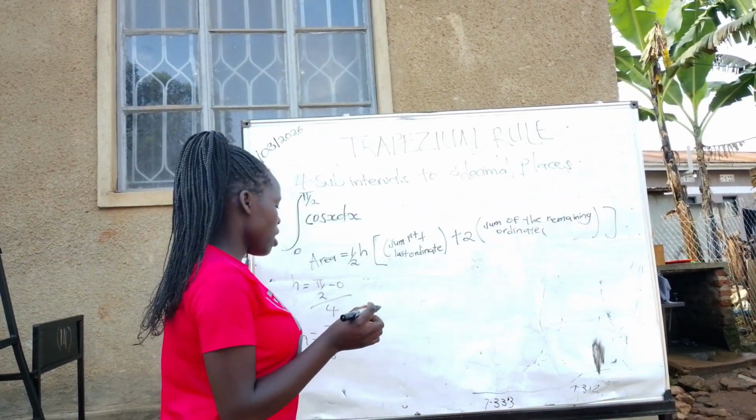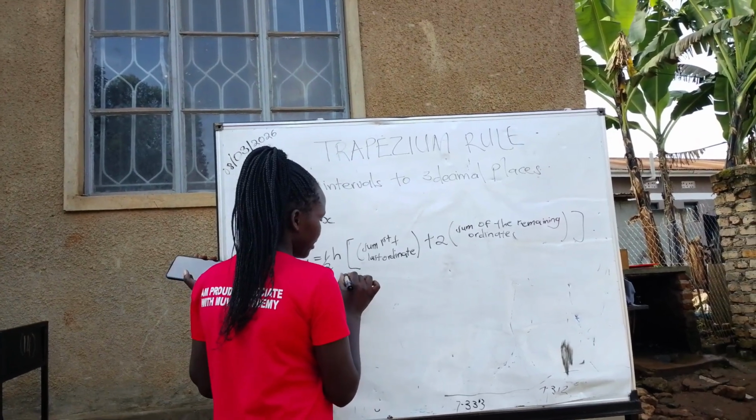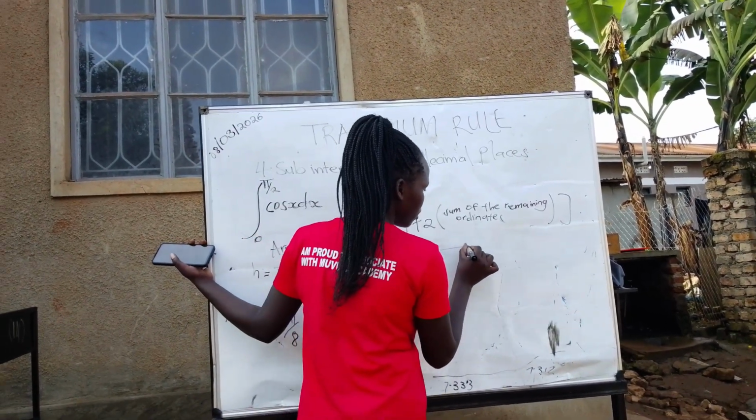Now we are going to draw our table containing x and f of x values.